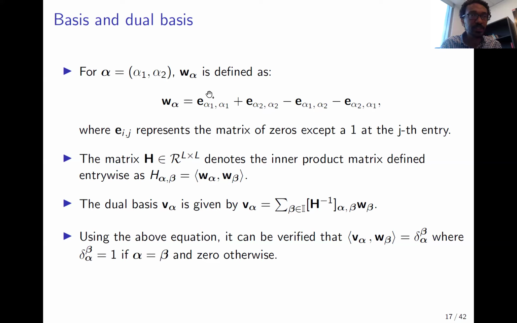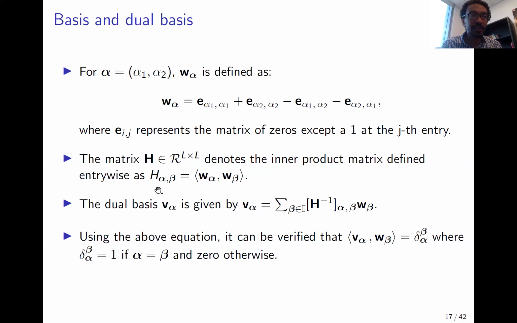So this is a matrix of zeros except at the alpha 1 alpha 2 position and the alpha 2 alpha 1 position. Now, a very important quantity when we analyze optimization algorithms for the distance geometry problem is this matrix H. This matrix H is the correlation matrix, or the inner product matrix.